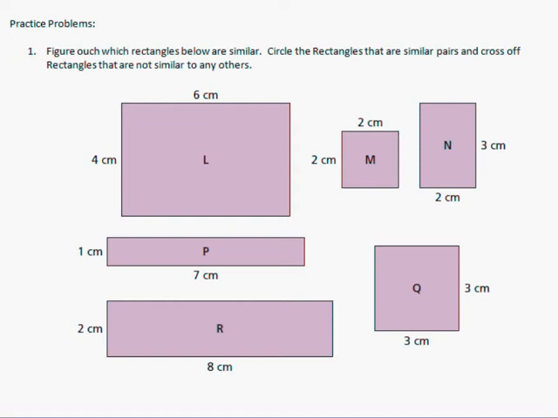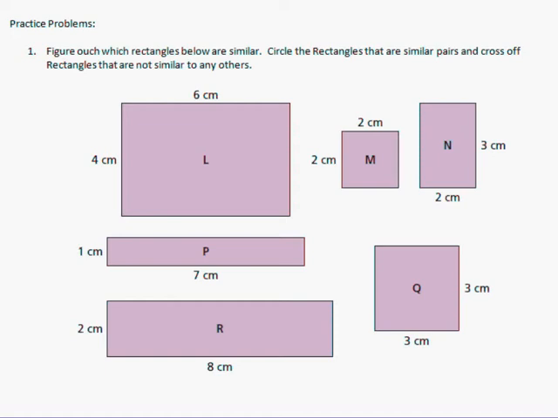Okay, let's go through some more practice problems here. Just some more random stuff. Figure out which rectangles below are similar. Circle the rectangles that are similar pairs and cross off rectangles that are not similar to any others.